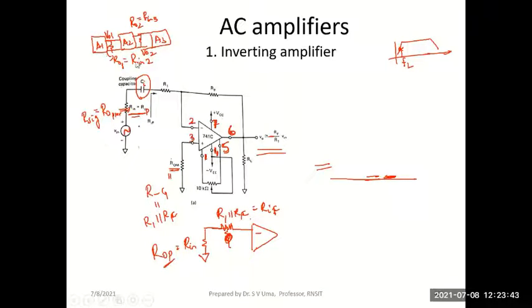That should be included whenever we consider AC amplifiers, because it will have a tendency to reduce the actual voltage which will be carried to the input of the basic amplifier. There will be some drop across that resistance, which will cause a reduction in the input as well as output voltage. Hence we have to consider that.